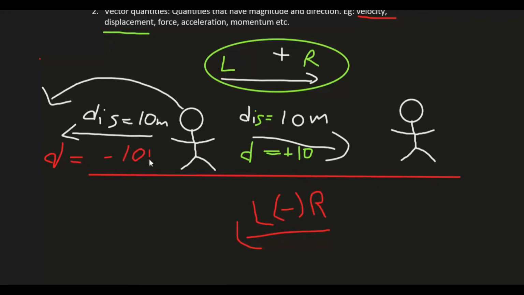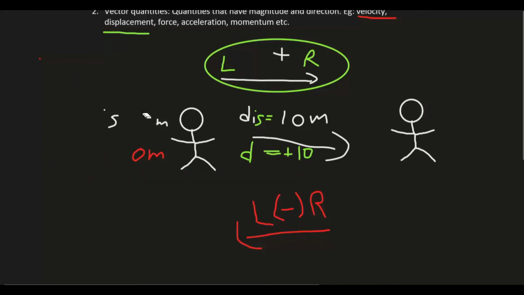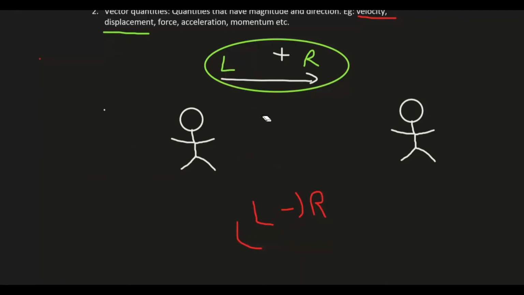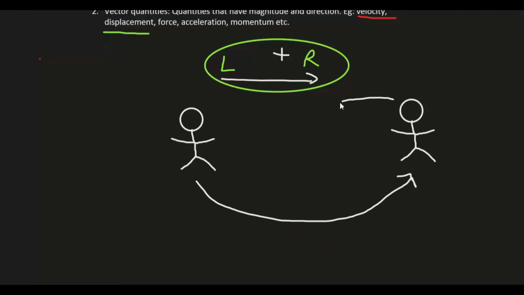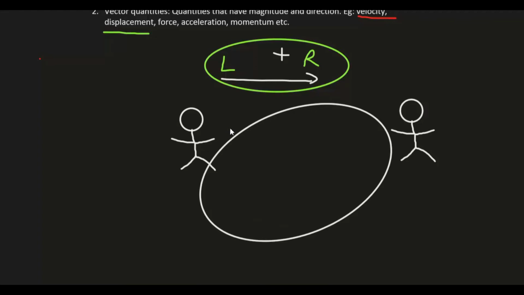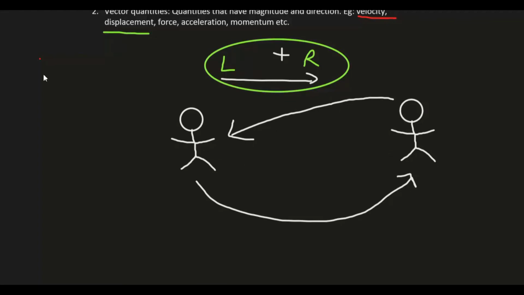Alright, pretty simple. But what if I want to find another displacement? Let me just rub all of this right now. Okay, so what if my friend first came here and then my friend again came here, and I want to know his displacement.